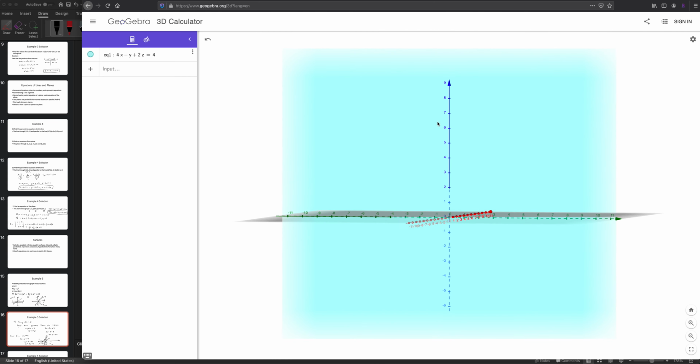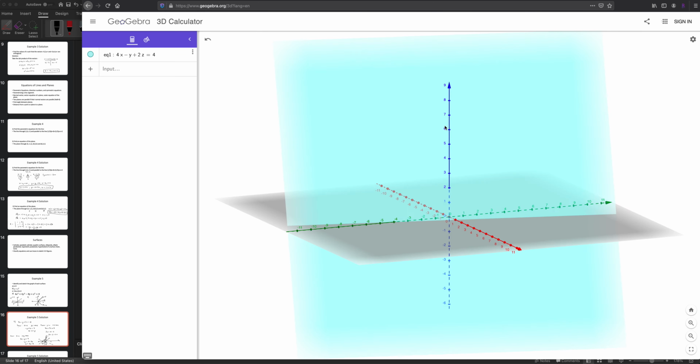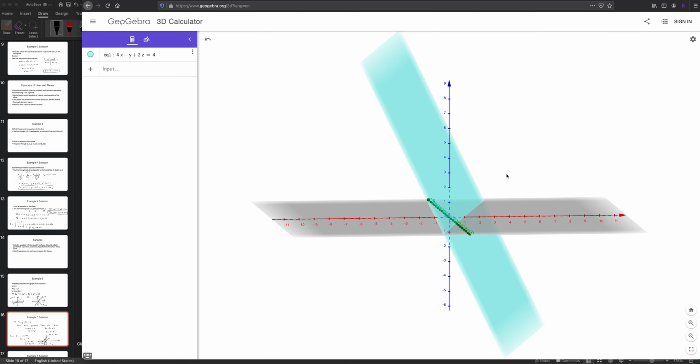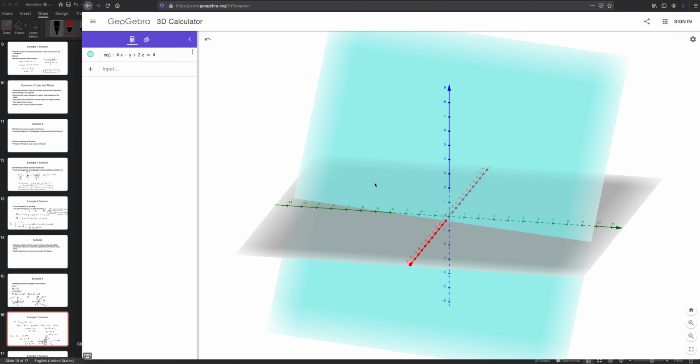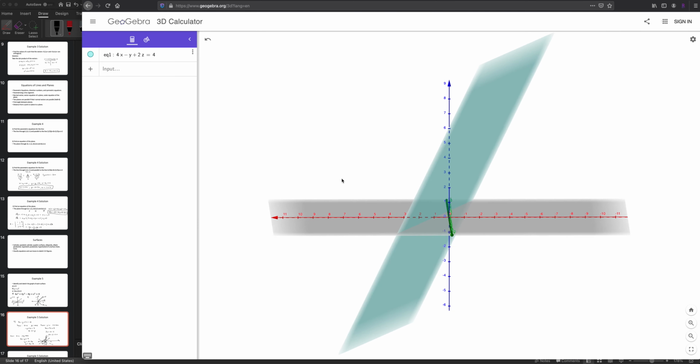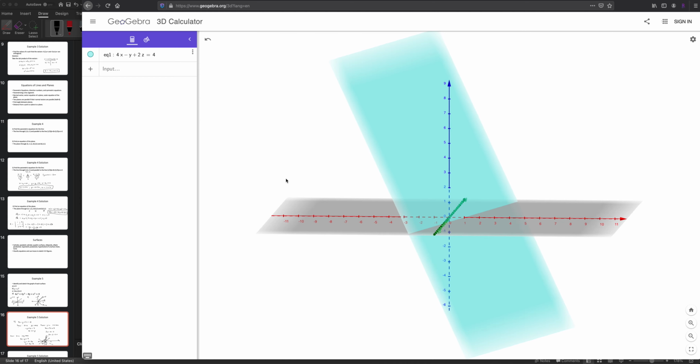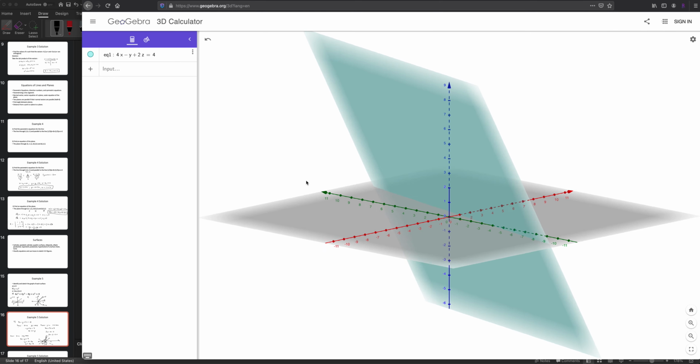And we see we get a sheet here, and that's the plane. And you could play around with this however you like, but that's what we get more or less.